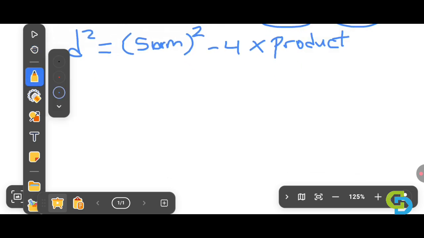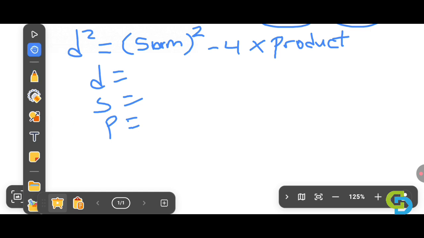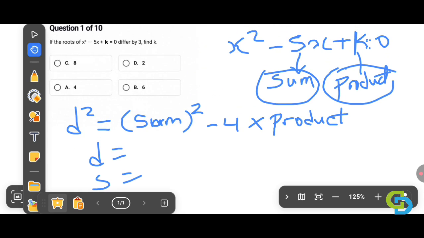So since our formula is this, what is our d, what is our s, that is the sum, and what is our p? We're going to identify that. When you go back here, you see that the roots of x squared minus 5x plus k equals 0 differ by 3.